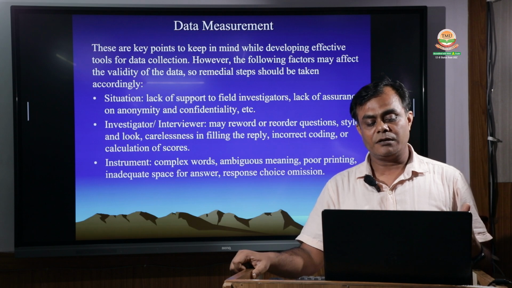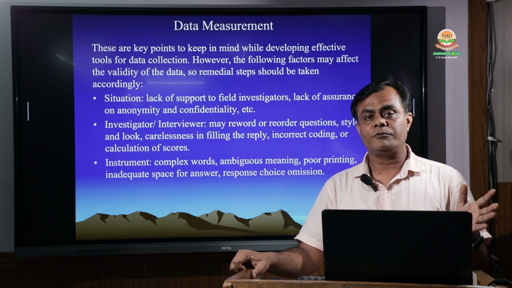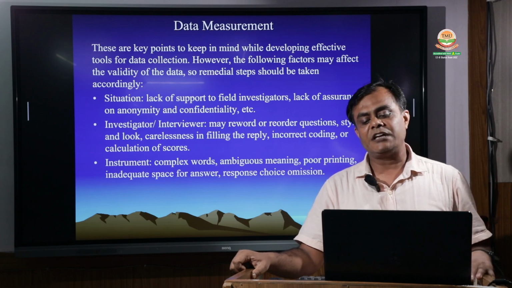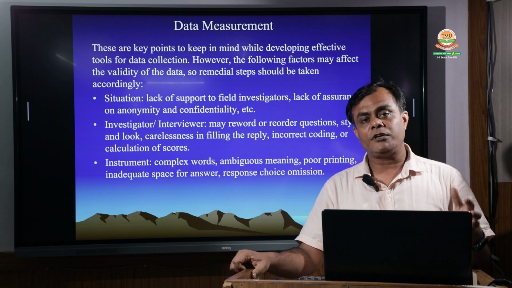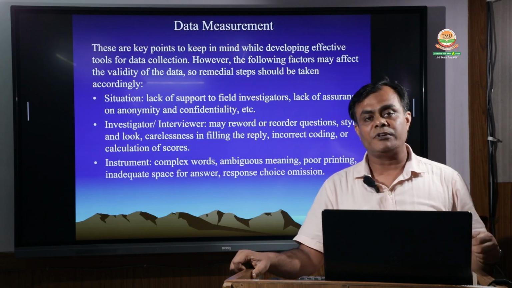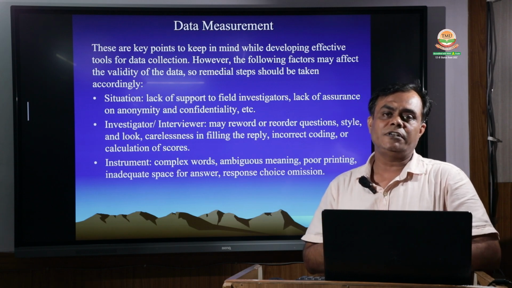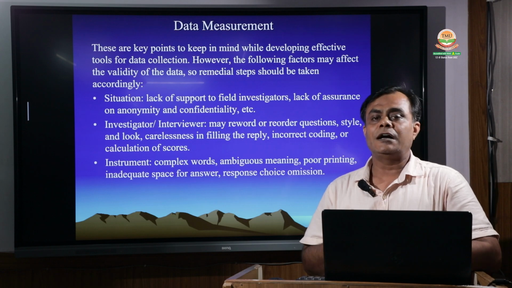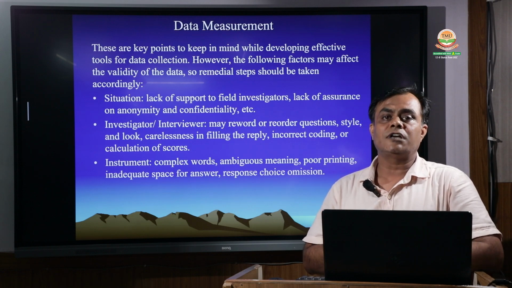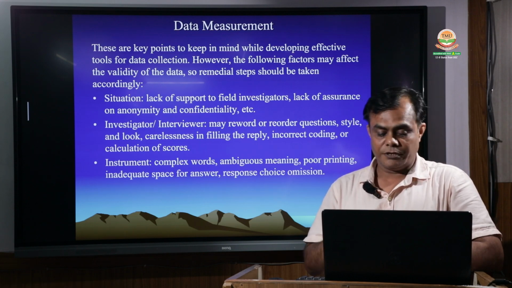Sometimes there is inadequate space for writing the answer to your question, and sometimes in an MCQ there is an omission of some choices. Due to these possibilities, we collect faulty data, and this instrumental error leads to an increase in measurement error.